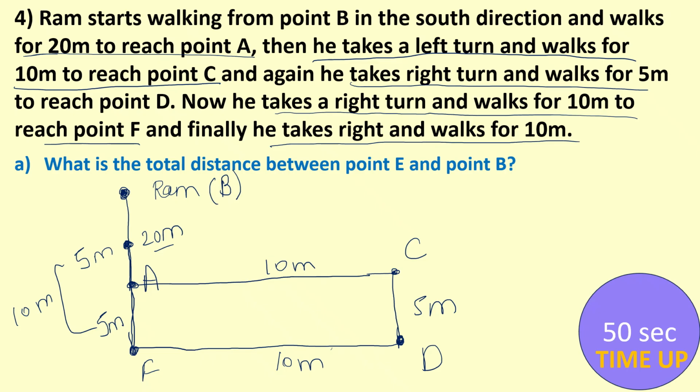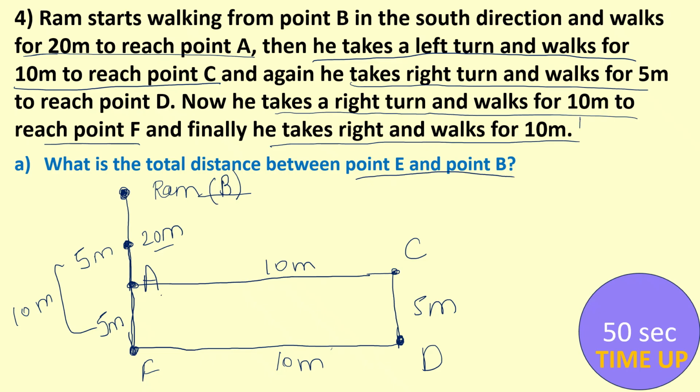Correct? Now what is the total distance between point E and point B they have said? Okay. So here in the question, he started from here and reached till here, and finally he takes a right and walks for 10 meter.